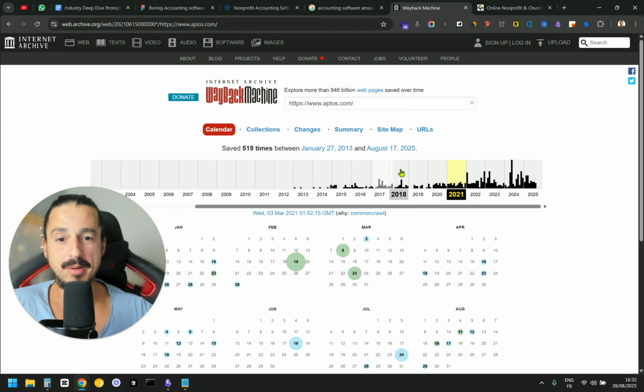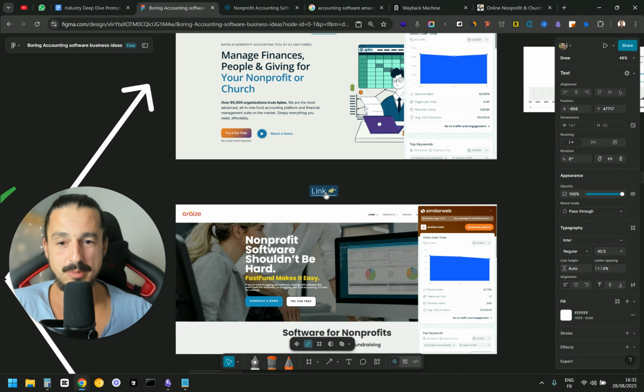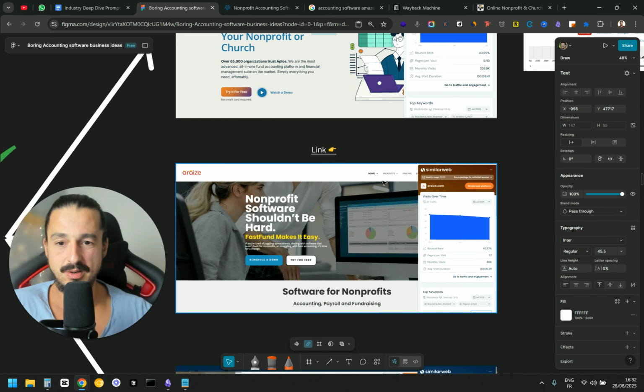And looking into the Wayback Machine, you can see year by year how they change their messaging, how they change their positioning, their offers. So it's a very, very interesting tool. It's free, so it's something that you should absolutely use when you are researching a specific market. Anyway, that was a big parenthesis for the Wayback Machine.